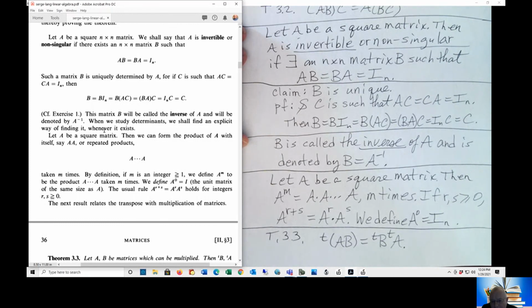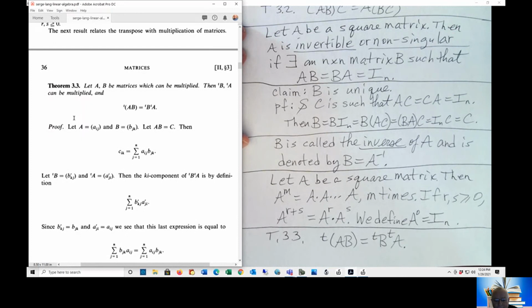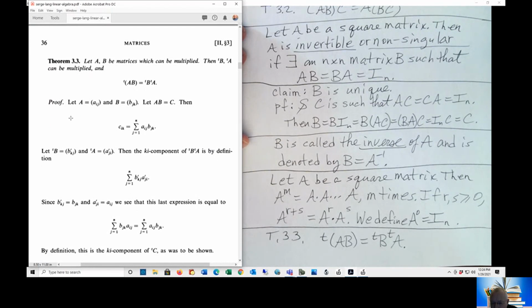Well, it's the matrix A multiplied by itself m times, and then if R and S are non-negative integers, we have the usual property of exponents, namely A to the R plus S equals A to the R times A to the S. And by definition, we define the square matrix A raised to the 0 exponent to be the identity matrix.